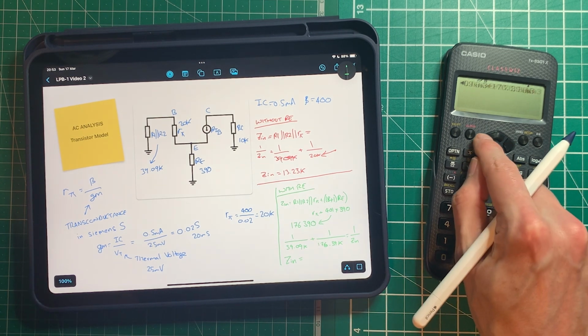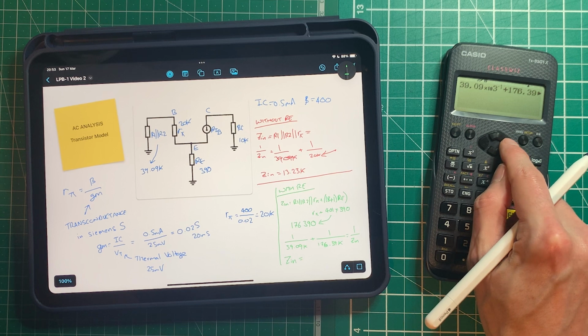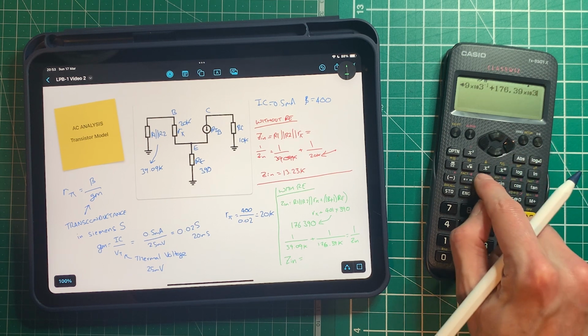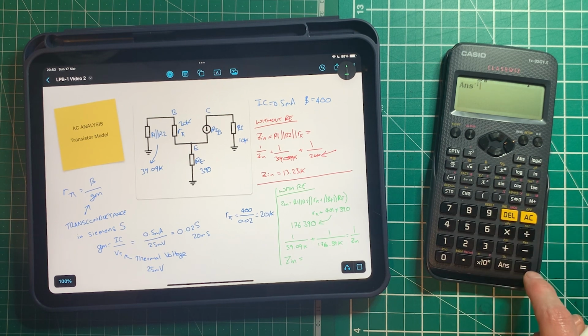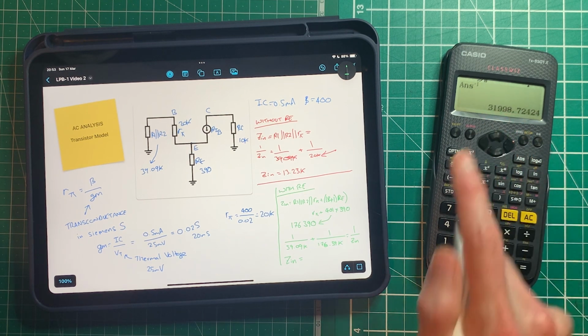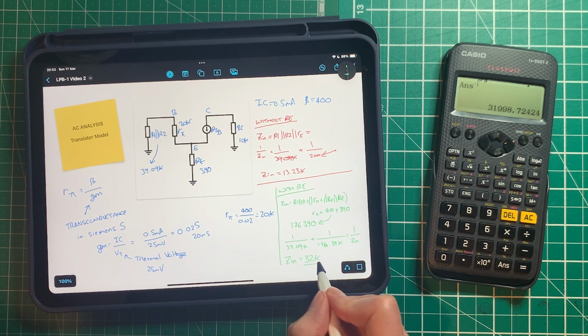And I've missed my reciprocal, haven't I? So that's got to be to the minus 1. And so is that. And then I need to take the reciprocal of this answer. And I get 32k approximately. So 31,998 is 32 kilo ohms for all intents and purposes.